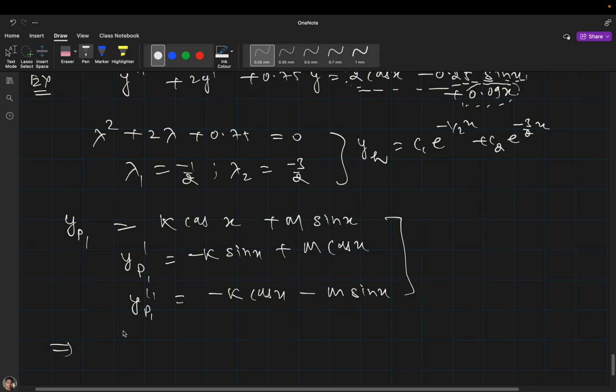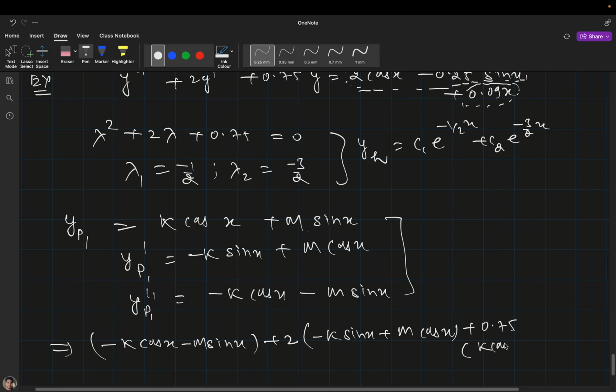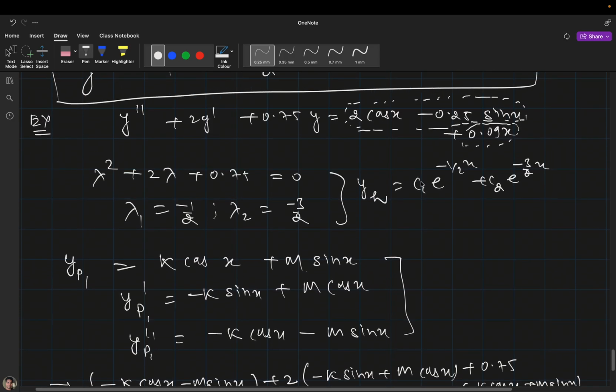So you will get minus k cos x minus m sin x bracket, plus 2 times minus k sin x plus m cos x, plus 0.75 multiply k cos x plus m sin x, equal to, I will write this only.